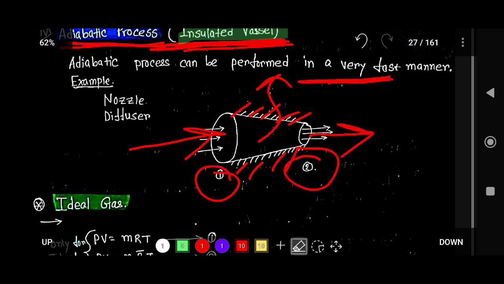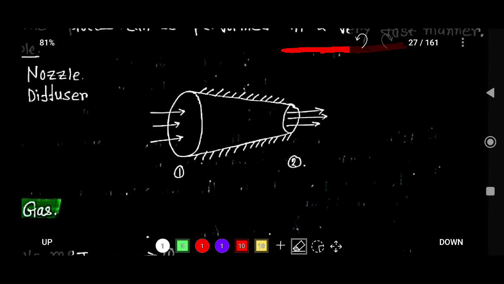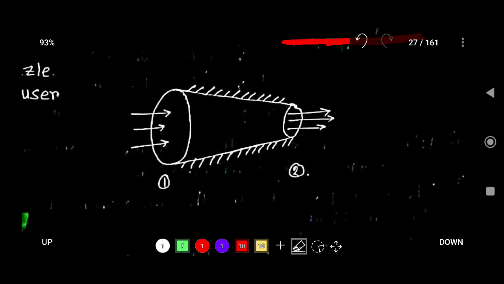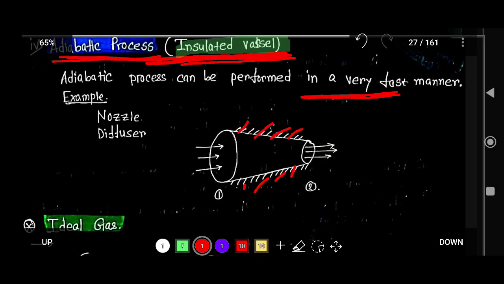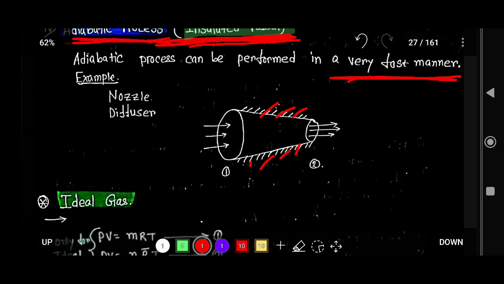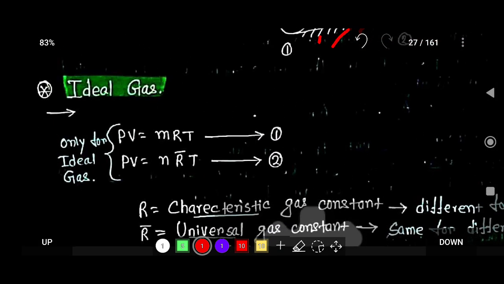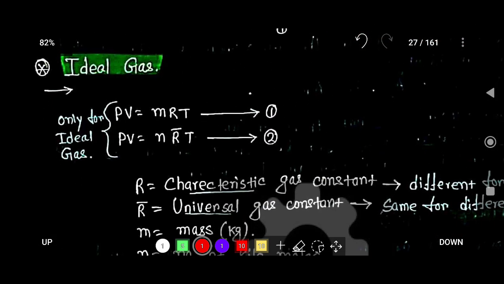If in a question the picture is given this way with insulation, then it is considered an adiabatic process. Or if a question says it is a very fast process, then consider it an adiabatic process. Now our next topic is ideal gas.